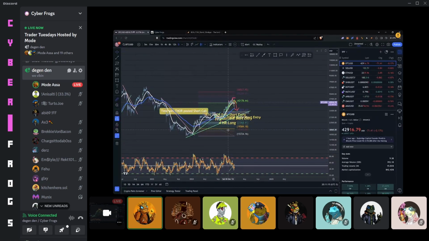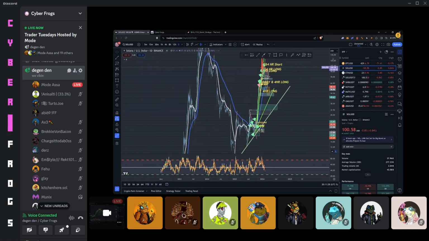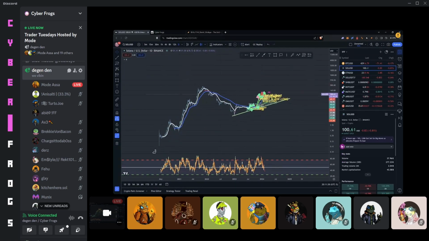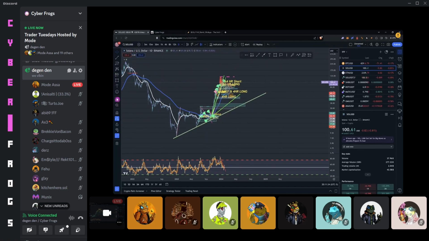Let's see what Bitcoin did from its bottom: 177%, pretty good. SOL from its bottom: 1,000%. You see the difference?